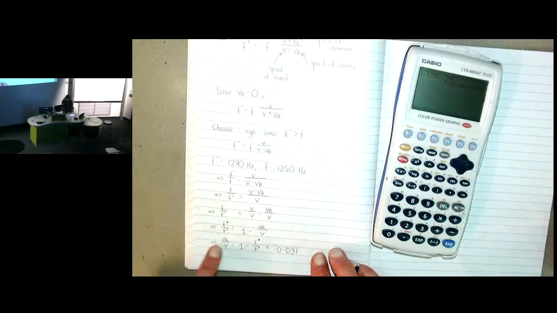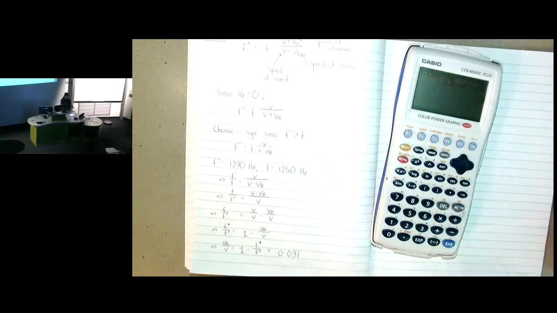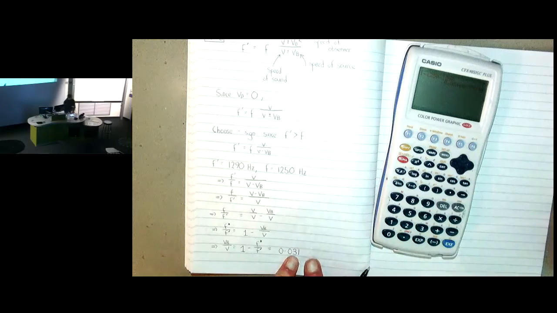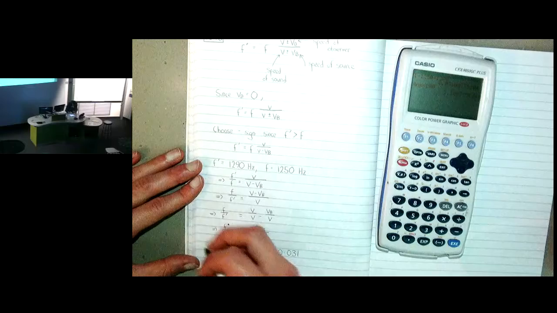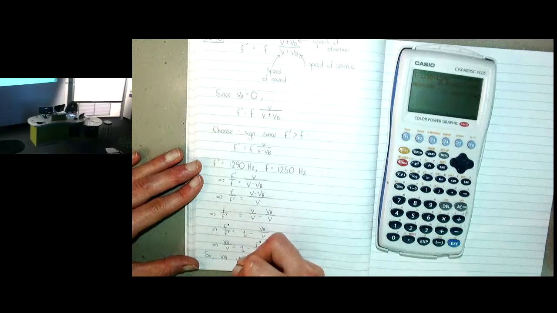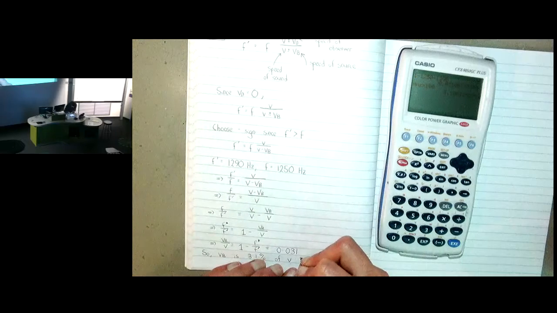So VB divided by V is 0.031. To convert that to a percentage, we just need to multiply by 100, which gives us 3.1. So VB is 3.1% of V, i.e. the speed of sound.